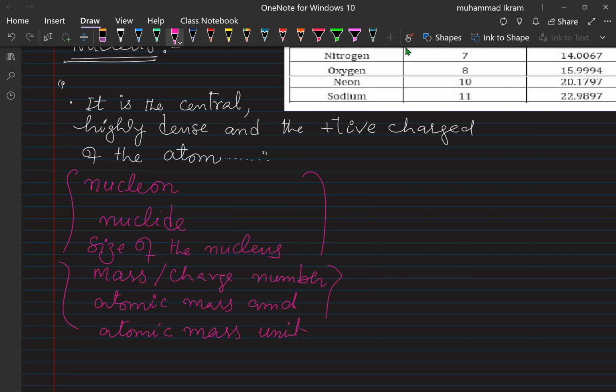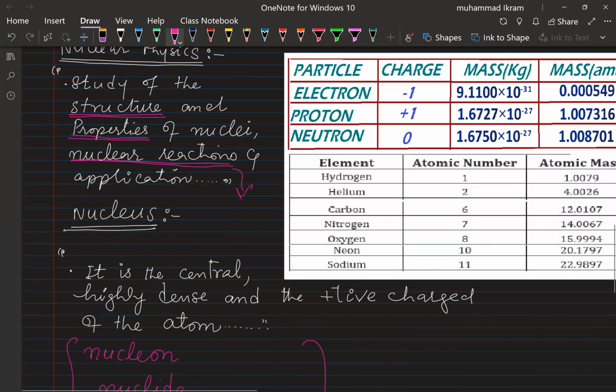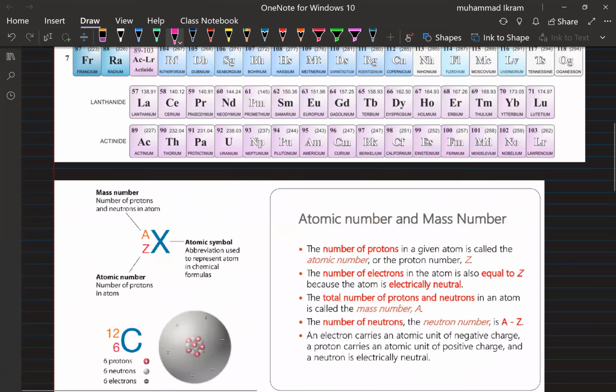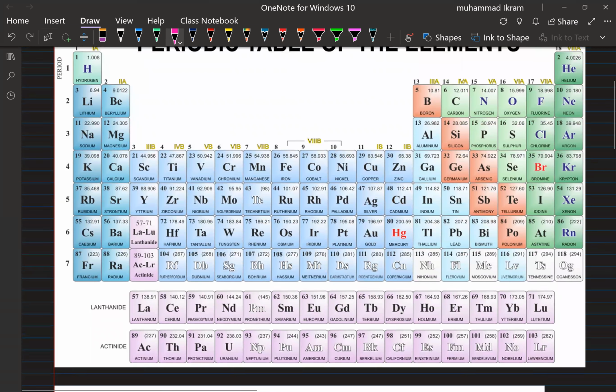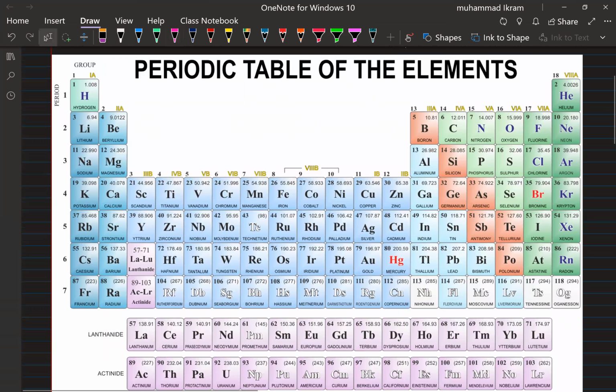Okay, now let us see. Look at the periodic table as I told, and here you see in this periodic table, if we choose any element, for example hydrogen, as you see here, this is the symbol of a particular element.